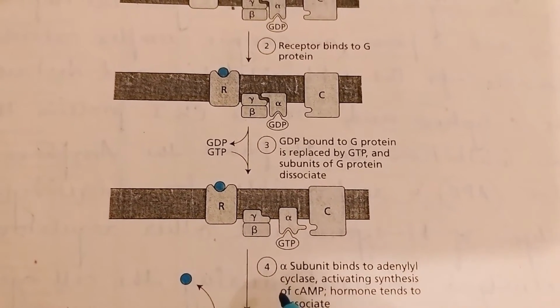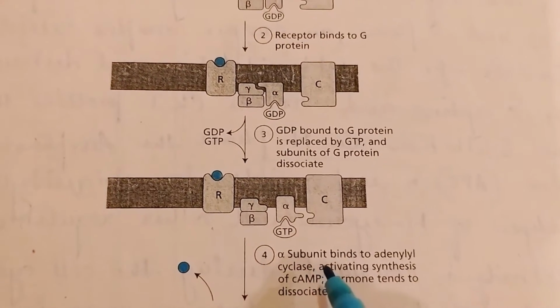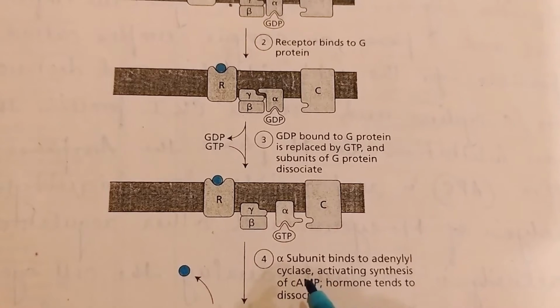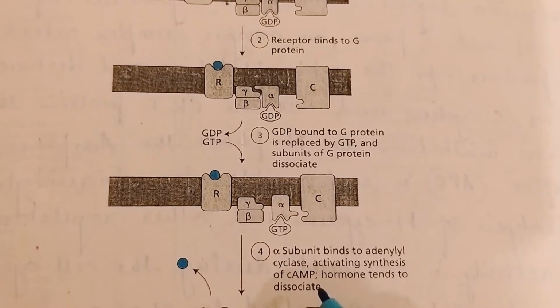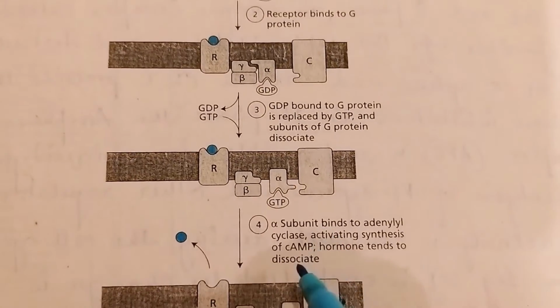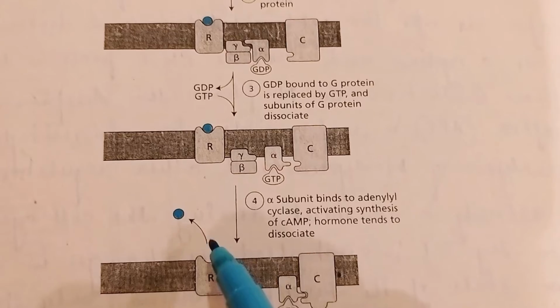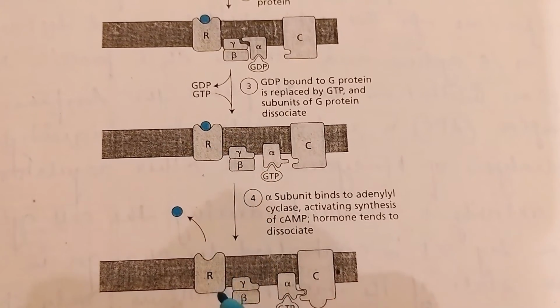Now what happens? The alpha subunit binds to adenylyl cyclase, activating synthesis of cyclic AMP. The hormone tends to dissociate in the next step. Till here the hormone remains bound to the receptor.